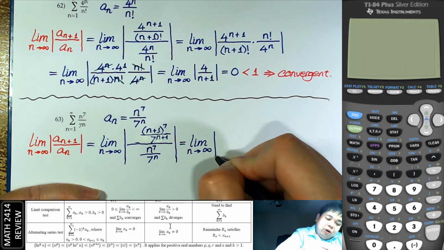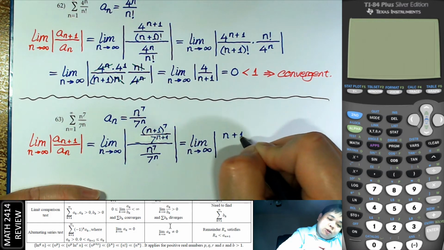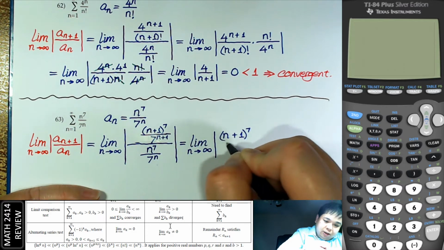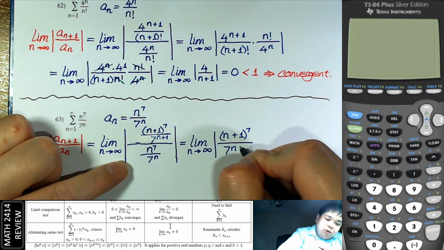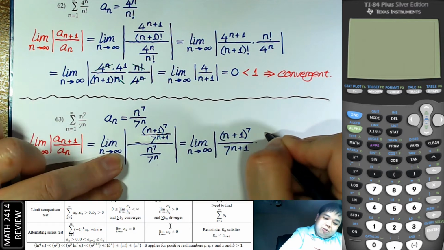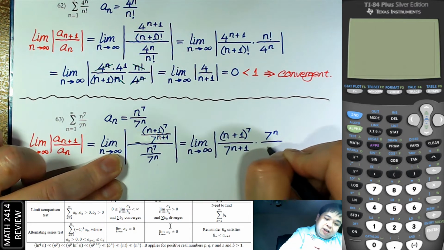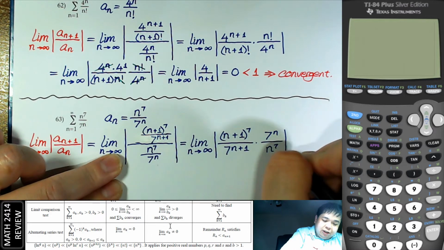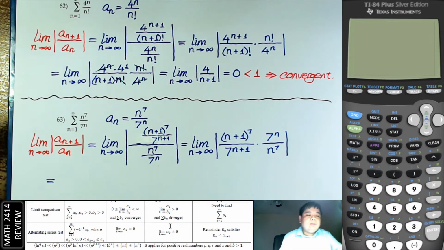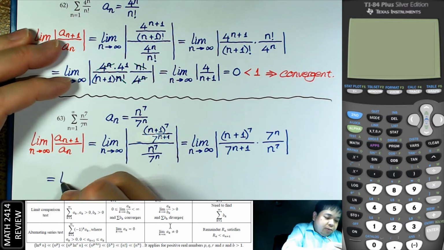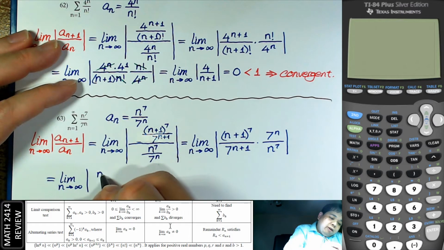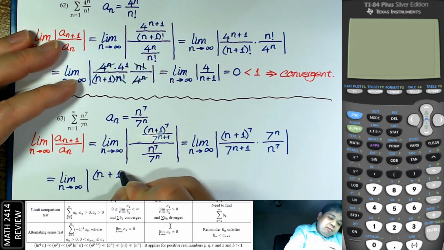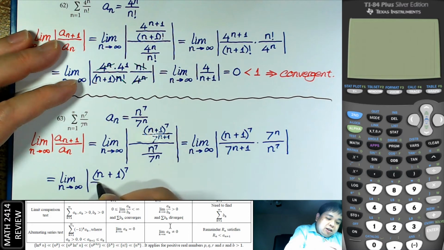Once again, multiply reciprocal, n plus 1 to the 7 over 7 to n plus 1, multiply reciprocal, 7 to the n times n to the 7. Right. N plus 1 to the 7 power, we cannot really split it up, so just going to keep it like that.